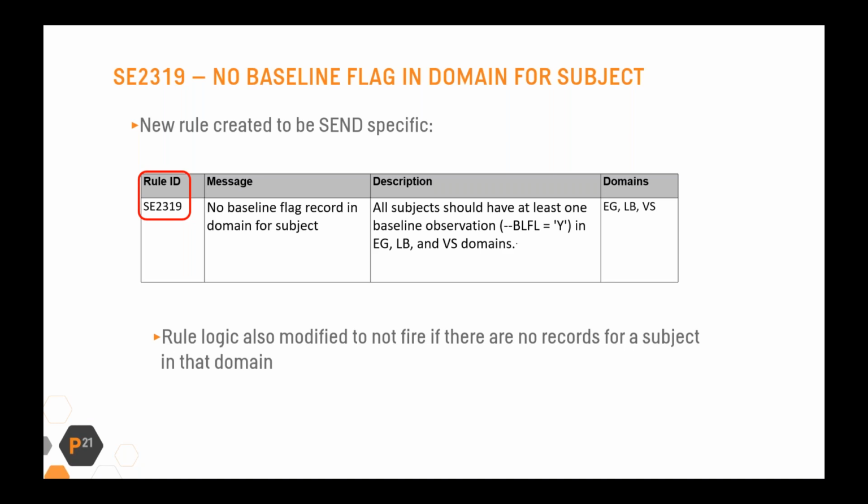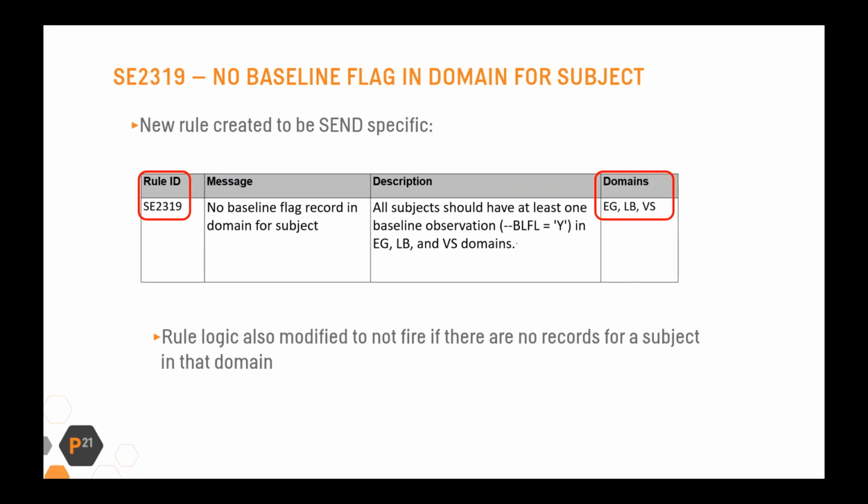You'll notice that we only assigned it for EG, LB, and VS, so the rule logic only checks those 3 domains. And we also removed the verbiage about screen failures and not treated subjects, etc. That was very clinically focused.